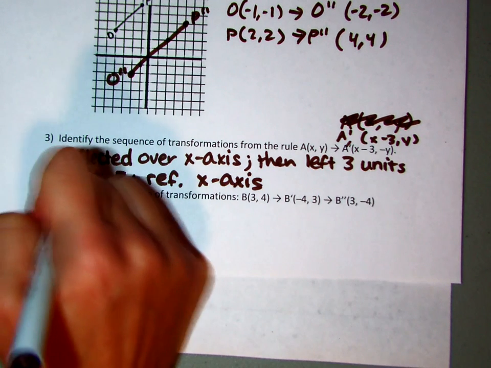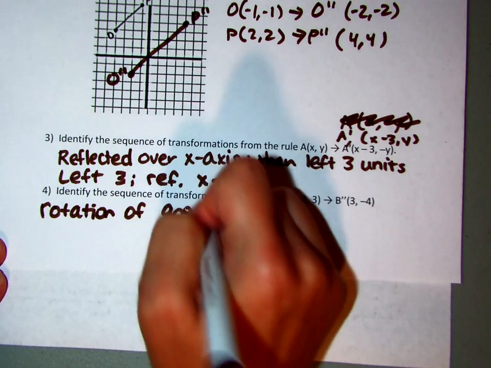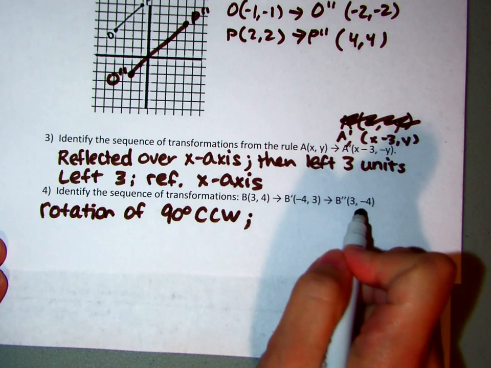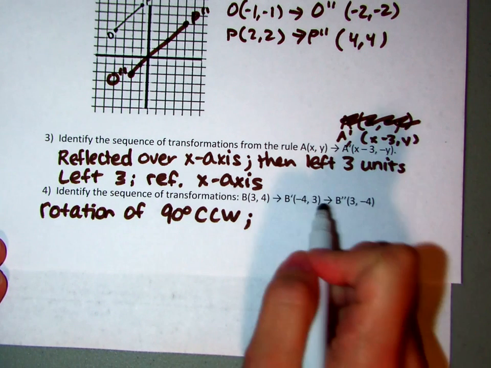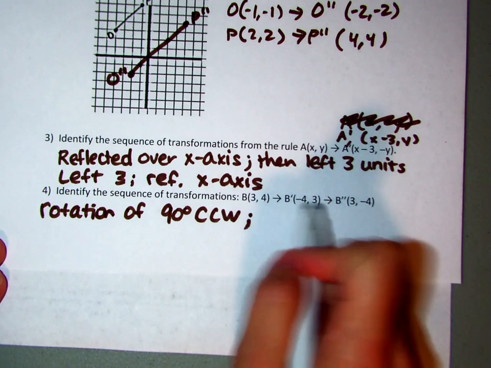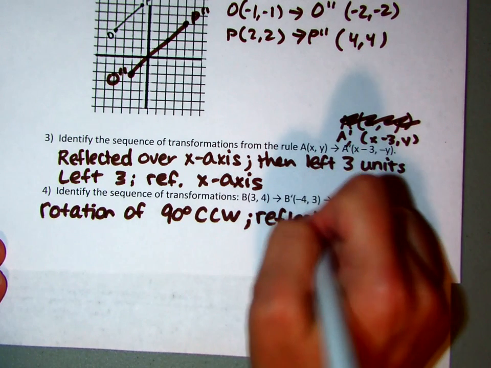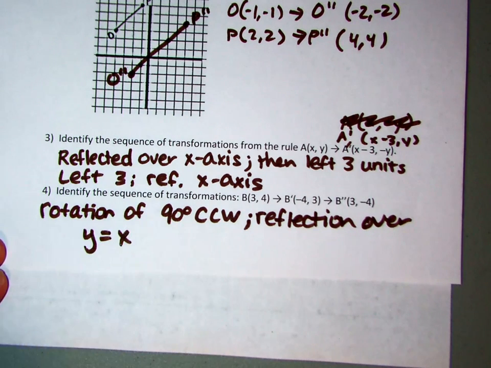So first off, we have a rotation of 90 degrees counterclockwise. Then let's look at what happened from here to here. What I see is that the value negative 4 stayed the same and 3 stayed the same, but these just flipped. When we have a flip like that, that's a reflection over y equals x, when x and y trade places. So there's your sequence of transformations.